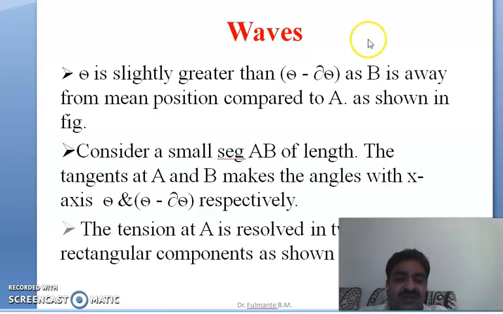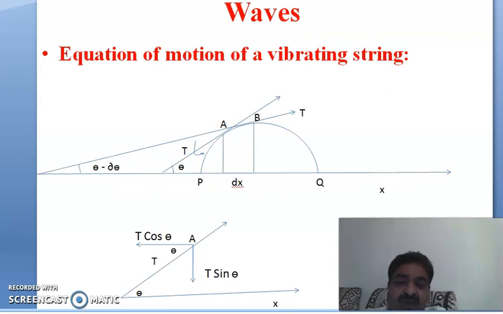So we consider the segment AB as a small segment. The tangents at A and B make the angles theta and theta minus delta theta respectively with the x-axis. Already we have seen in this figure, once more you see this figure. This is theta, and this is theta minus delta theta. These two angles are formed by the tangents at A and B with the x-axis respectively.